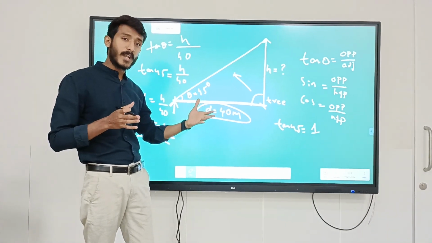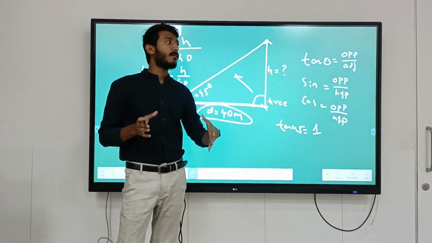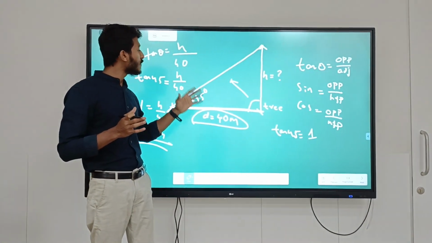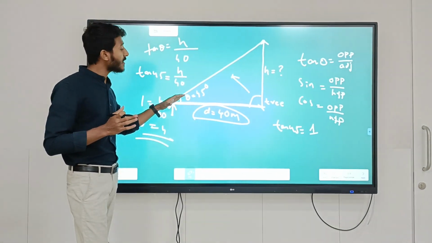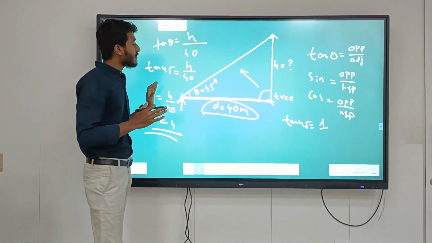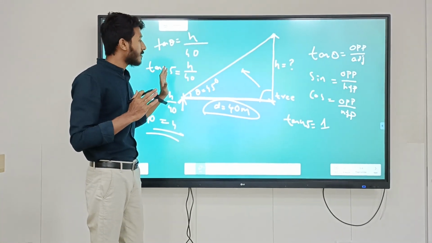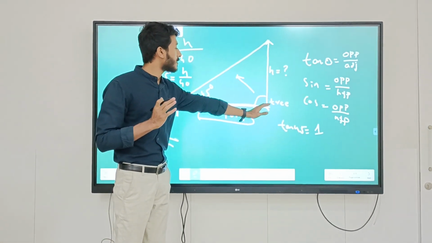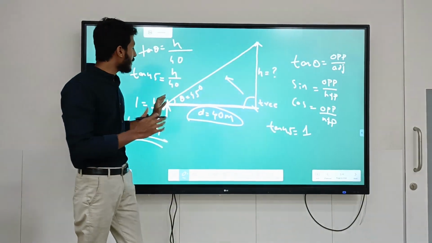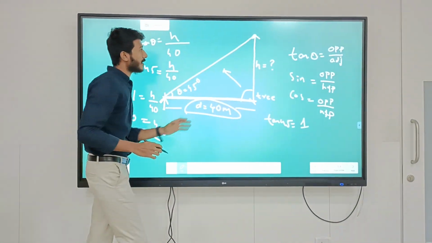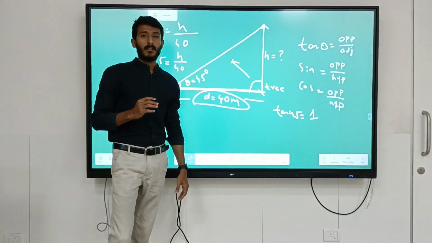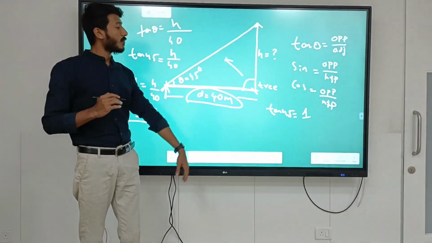But in the case of a mountain or big buildings, we need to find the height by using the angle of elevation and the distance from where we are looking to the foot of the point. If we know this distance, we can find this height.